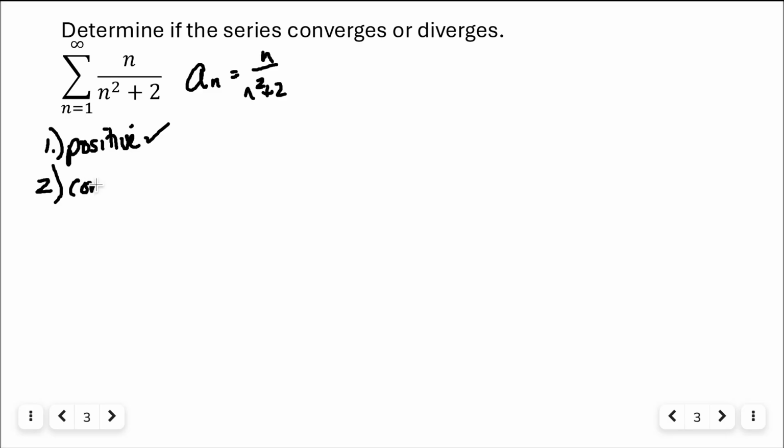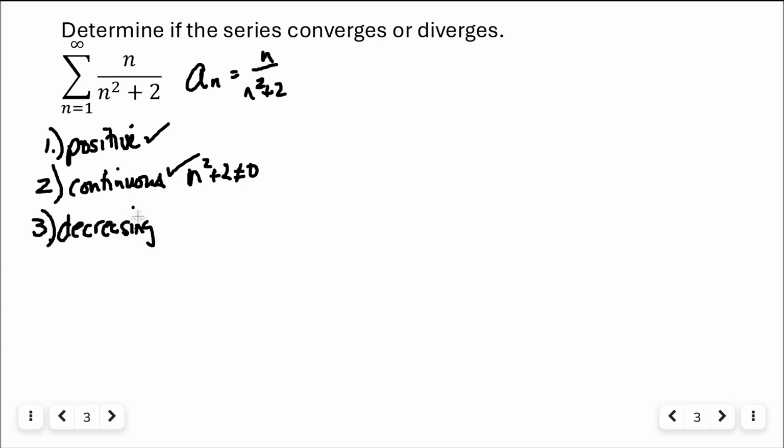Second, we need to show that it's continuous. And it certainly is. n squared plus 2 does not equal 0, so there's no place in the denominator that would give me a 0. That's okay.